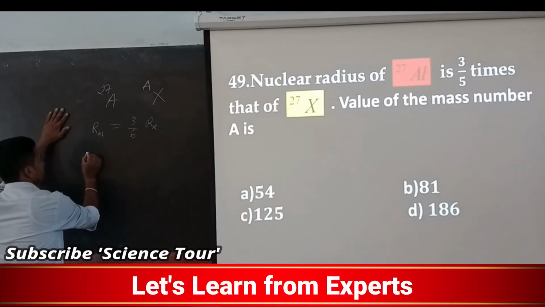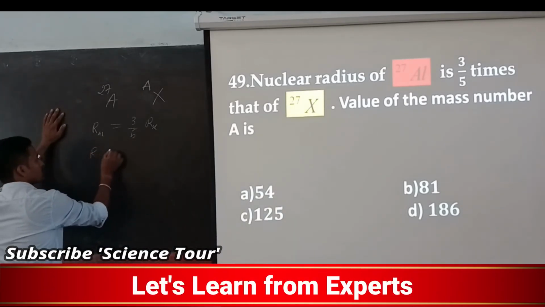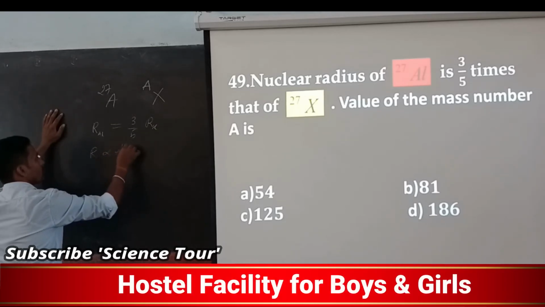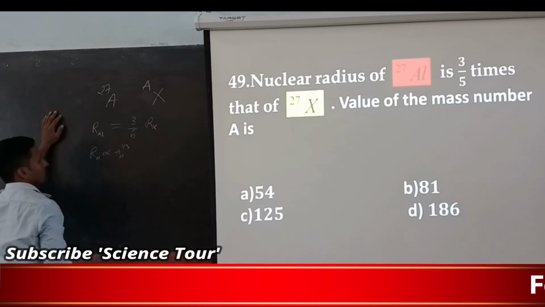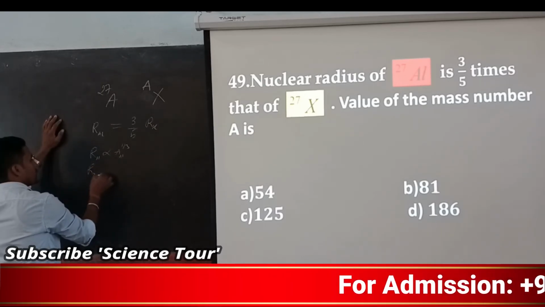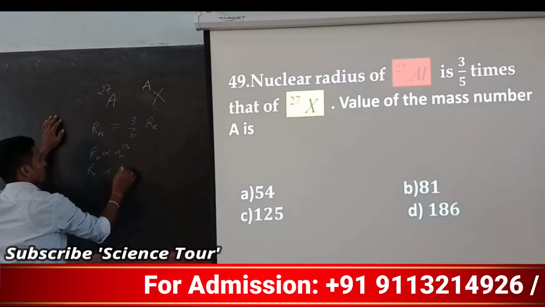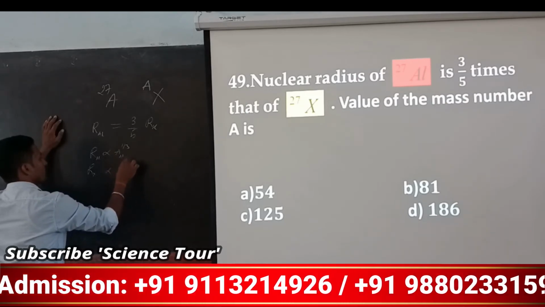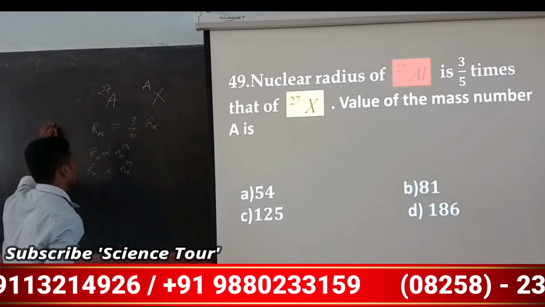Now we know that radius is directly proportional to A to the power 1/3. Radius of aluminium is directly proportional to the mass number of aluminium to the power 1/3. Radius of X is directly proportional to the mass number of X to the power 1/3. We want to find out A_X, isn't it?